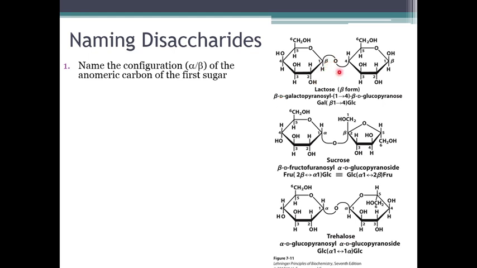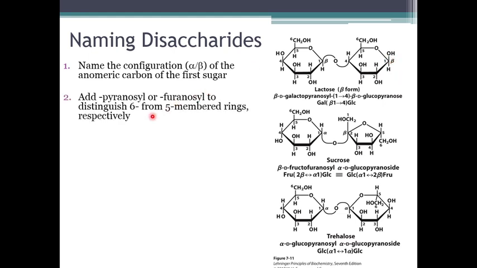Now, since this is a glycosidic bond, a beta configuration is given because the hydroxy group is above, and that is what is forming a glycosidic bond with the 4 carbon of beta D-glucopyranose. Next, add pyranosyl or furanosyl to distinguish 6 and 5 membered rings.